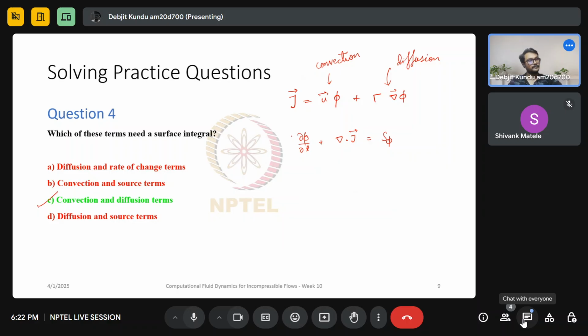So then we integrate this whole thing over a control volume, right? Then this term remains intact.